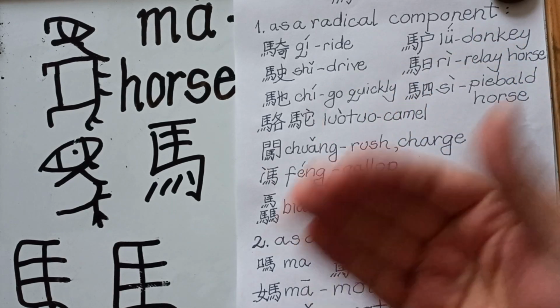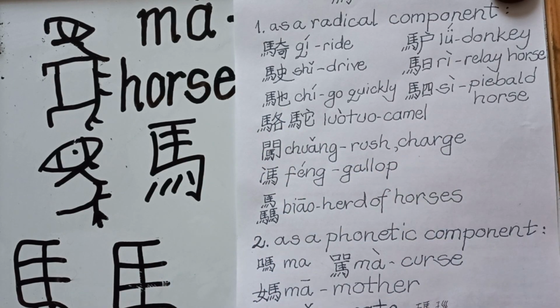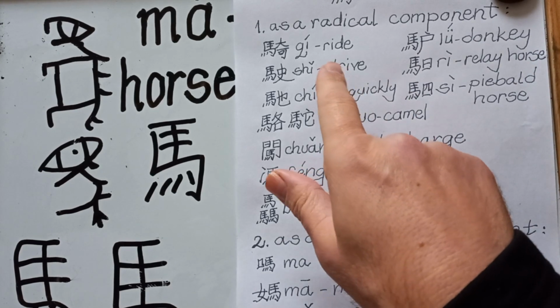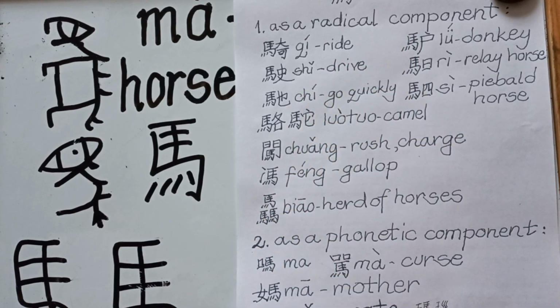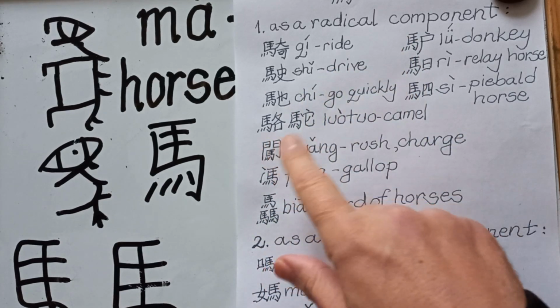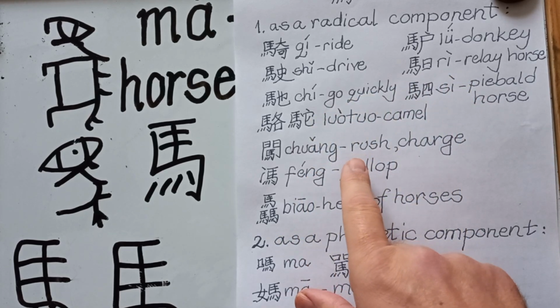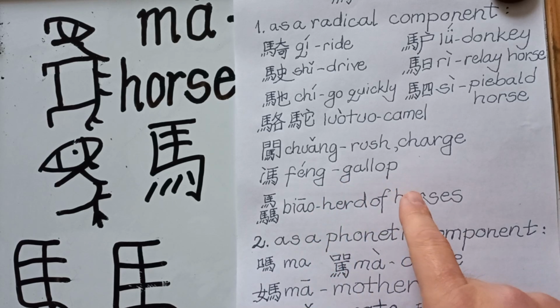And because I said Ma is a radical, we also notice that the radical Ma here does not only denote the types of horses, but also the movement of horses. So a horse can be ridden or driven, or a horse can go very quickly, or a horse can rush or charge, as in chuang, or gallop.